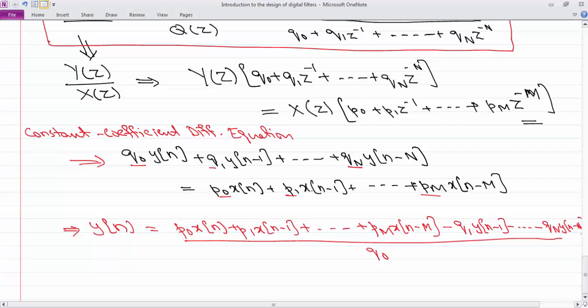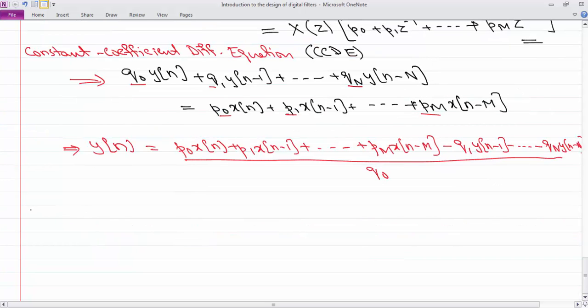So the bottom line is that a constant coefficient difference equation, if you are dealing with an IIR filter, or a finite impulse response, these are two of the ways that we can implement digital systems.